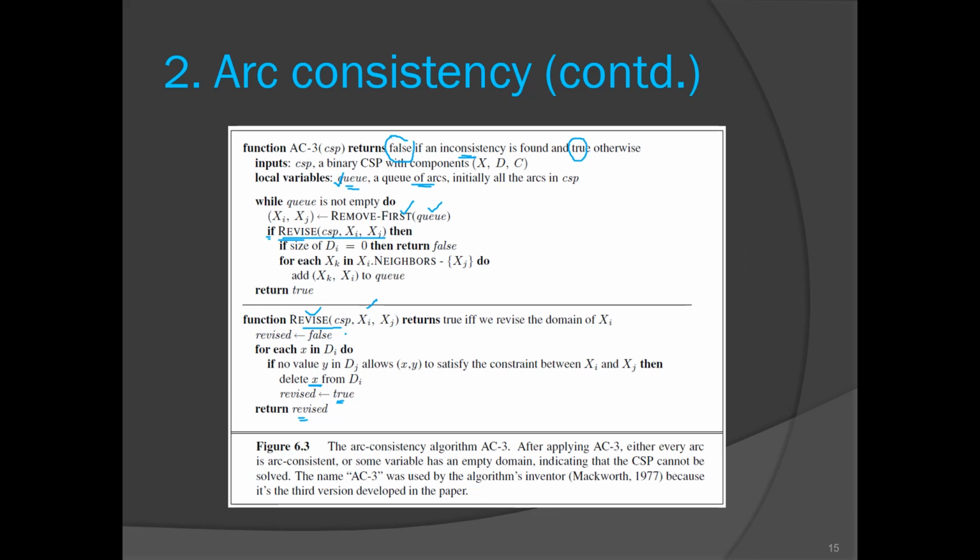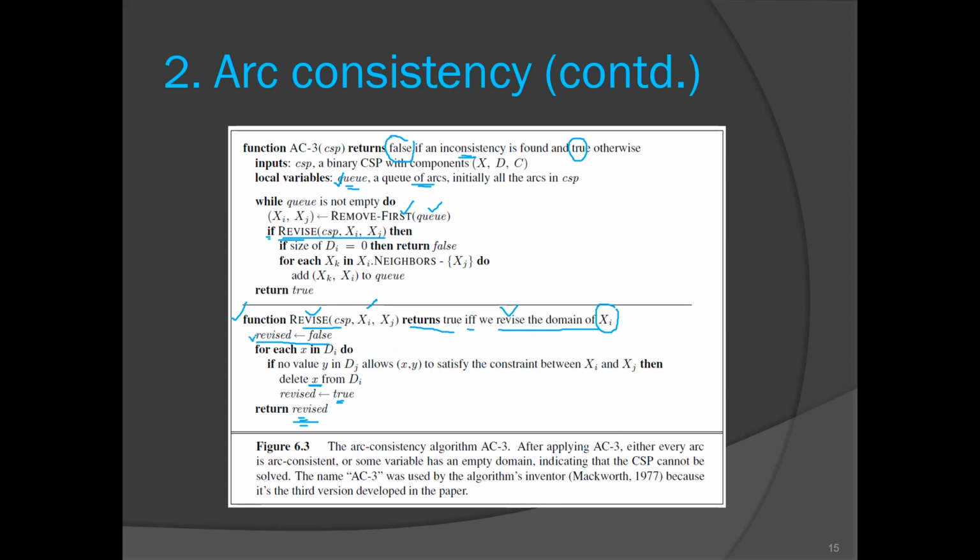If you don't reduce the domain of any variable, then revise stays initialized to false, so false will be returned. So what is the meaning of this revise function? Whether you have revised the current variable or not. If you have eliminated some of the values, then you return true, otherwise false. So it returns true if and only if we revise the domain of xi. What do we mean by revising? We reduce the domain of xi.